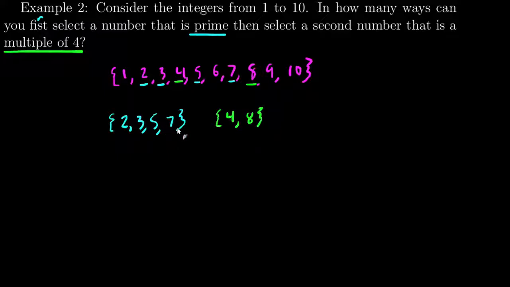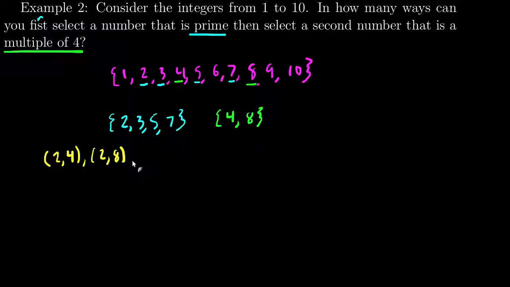And in here, to figure this out, there are a couple of ways. So I could just list it off. So first I'm picking a prime, then I'm picking a multiple of 4, and I'll just sort of write that out kind of quickly. Those elements are going to be these. We pick 2 and then 4, or we pick 2 and then 8.